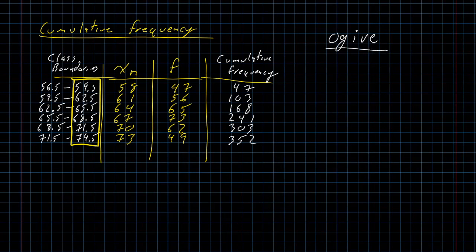And when we have a cumulative frequency distribution, we can form a type of chart called an ogive.